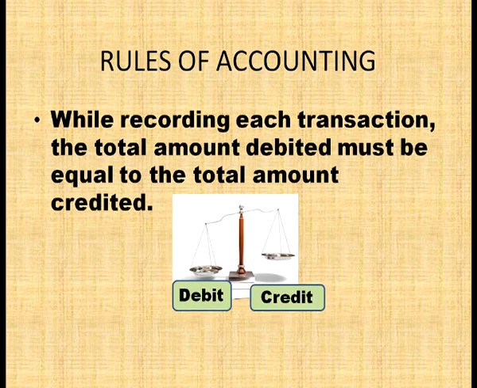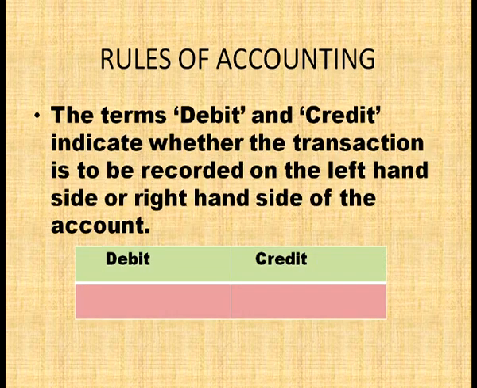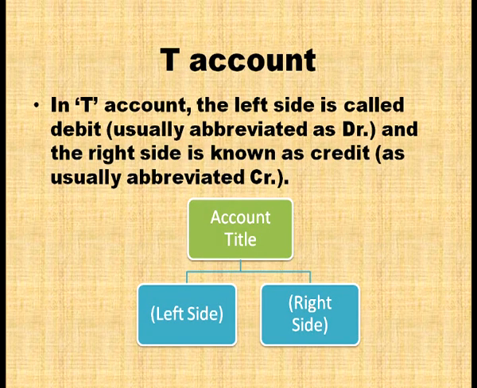While recording each transaction, total amount debited must be equal to the total amount credited. Debit means the transaction is to be recorded on the left hand side. Credit indicates transaction is to be recorded on the right hand side of the account.